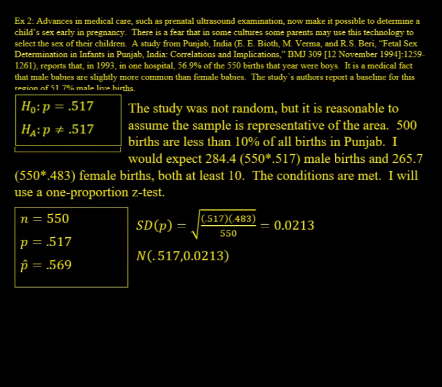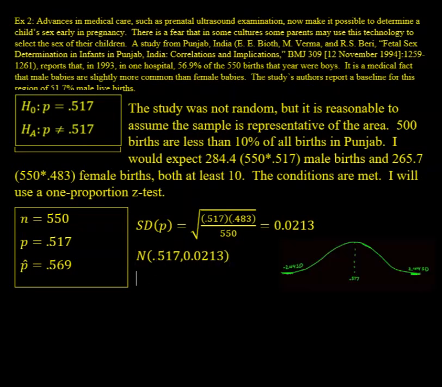So there's our normal model. We'll calculate the z-score in a second so you can see where I got that. But we just sketch a two-tailed test again because we're saying not equal to 0.517. So we shade on both sides. We want to say what's the probability of that happening.